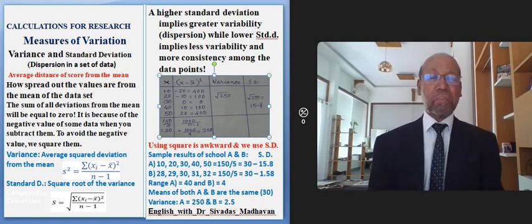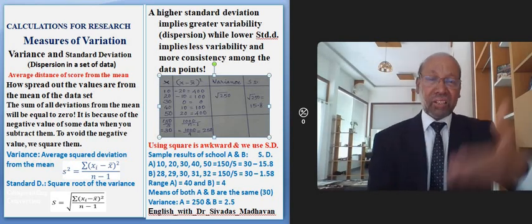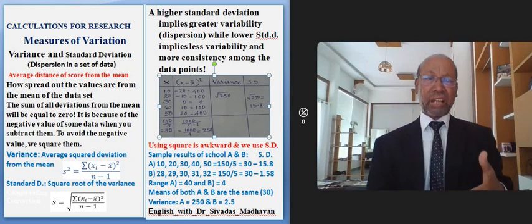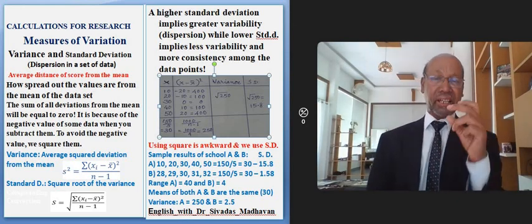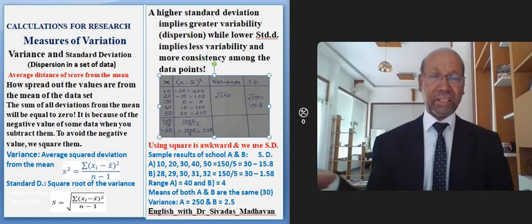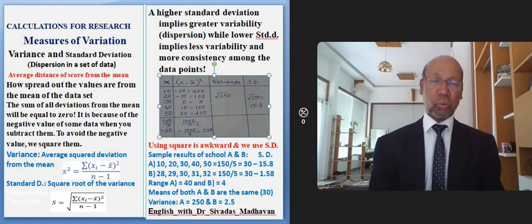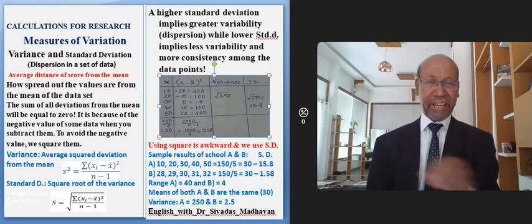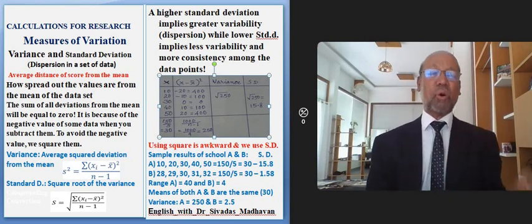These negative numbers will create a problem. And the sum total of these calculations will be 0, because negatives and positives will cancel to make it 0. So to avoid this awkward situation of negative numbers, we square it.